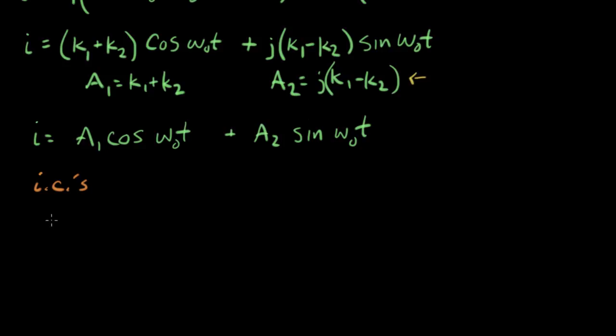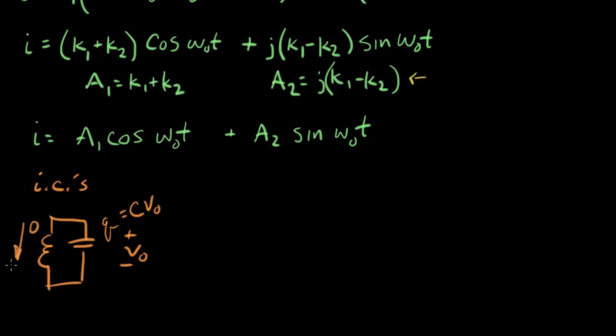And if we think back, we remember that in our original schematic, we had some Q here, which means we had a plus or minus V naught. And we said the current through here started at 0.